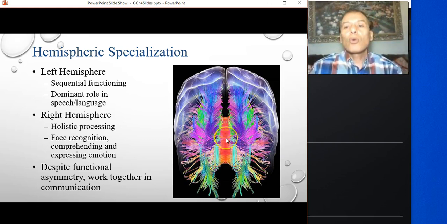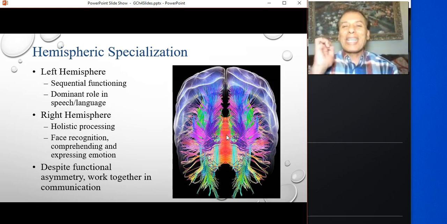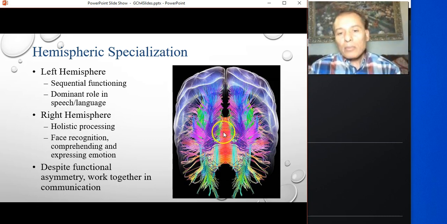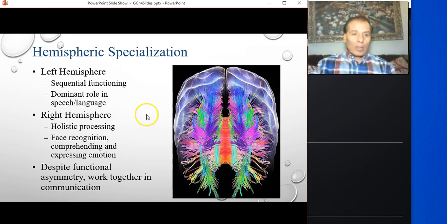That area is called the corpus callosum. Corpus means body, callosum means callus, tough. So that's the corpus callosum. It is the biggest bridge, the biggest pathway that the brain uses to send signals from left to right and right to left.